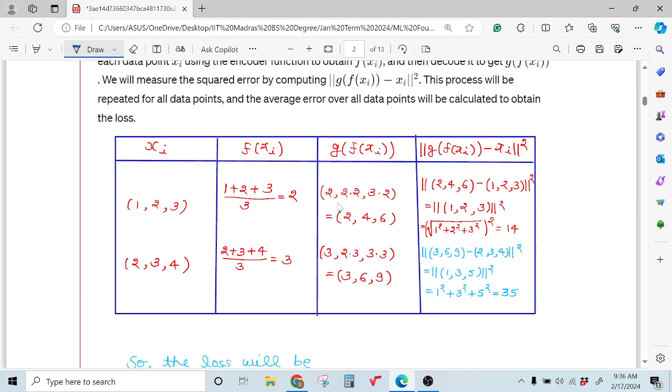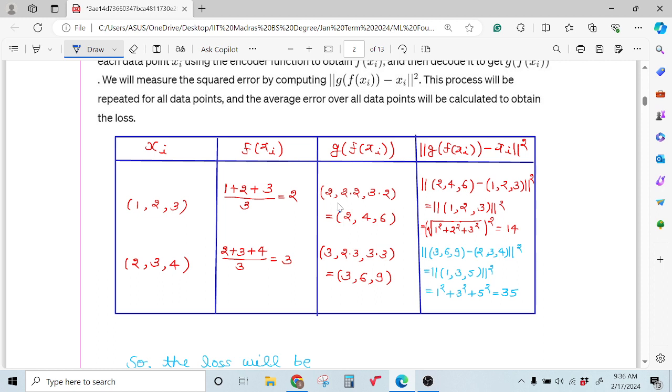Then we will calculate the squared error by comparing this 2, 4, 6, our output, with our input. We subtract the output minus input, and then square it. For the first data point, the squared error is 14.